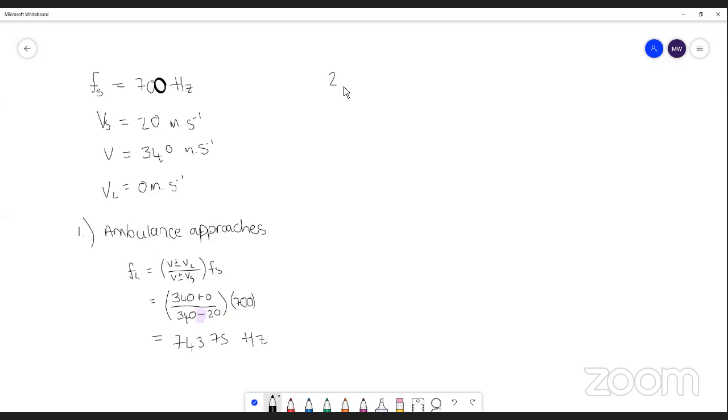Then the second part of the question, they asked us when the ambulance moves away from you. Okay, so once again, write your formula. And then we can substitute in our values.